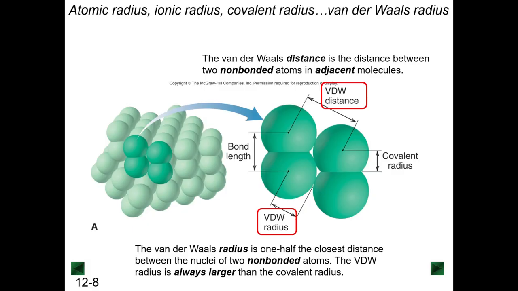We just divide, when we had a covalent radius, it was just half the covalent distance. The van der Waals radius is 1/2 of the closest distance between the nuclei of two non-bonded atoms, that is, two atoms in different molecules. The van der Waals radius is always larger than the covalent radius.